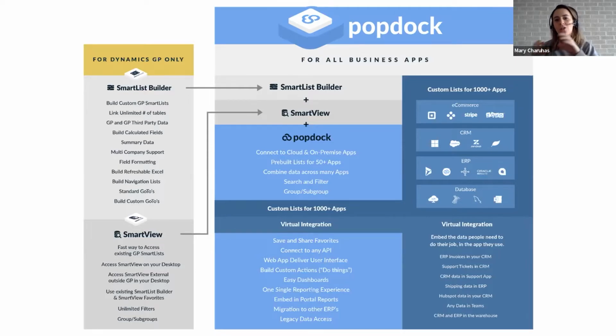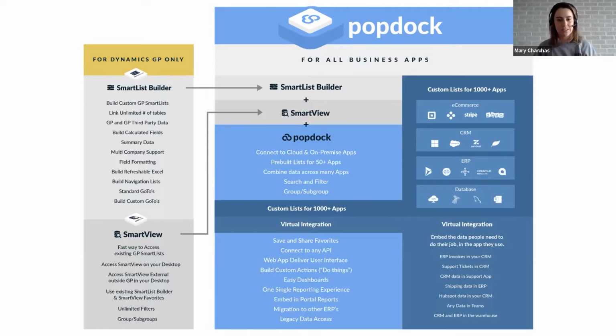Popdock takes all of those concepts and expands them in a cloud interface. So think of Popdock as SmartList Builder and SmartView in the cloud, but it's not limited to GP. As you can see here, we can work with all of your applications.